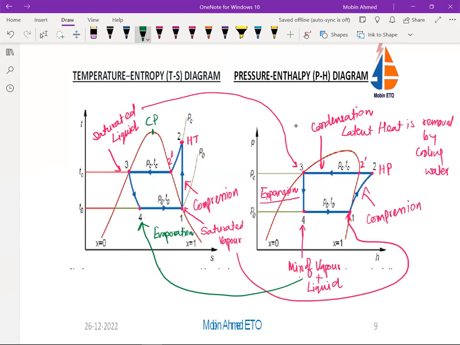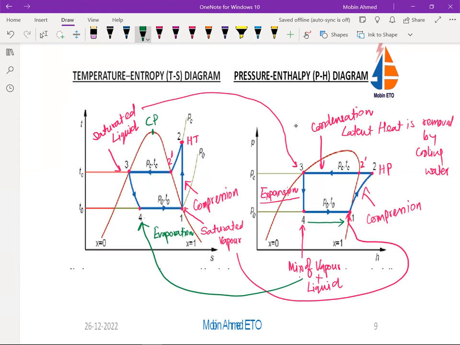Evaporation means it is going to evaporate. This is the evaporation. So as the evaporation takes place, all the liquid is going to change into vapor, and when it reaches 1, it is going to be a saturated vapor.